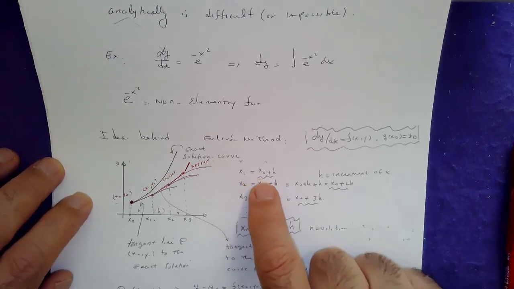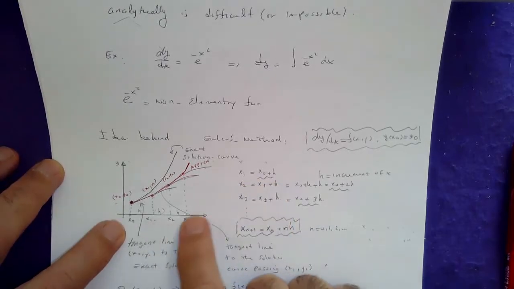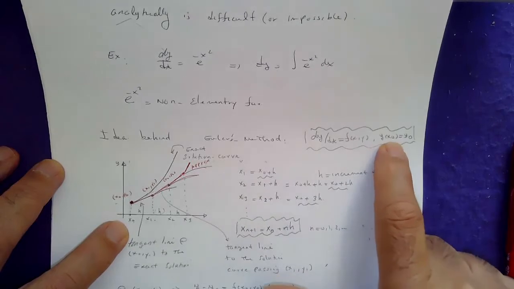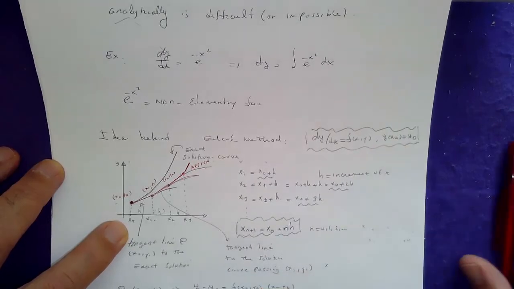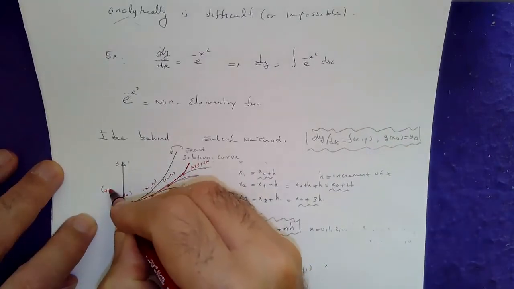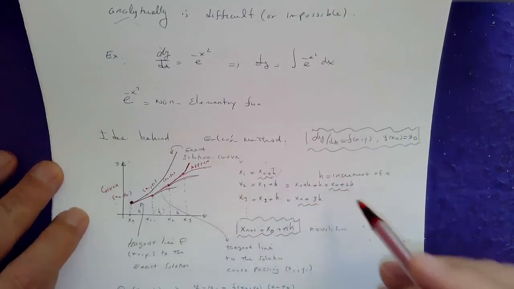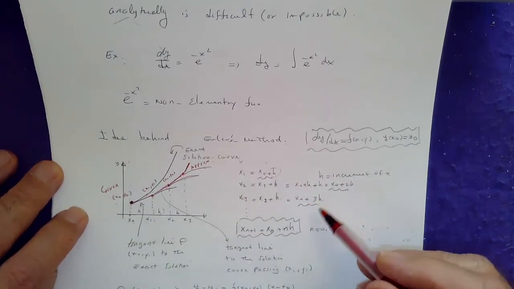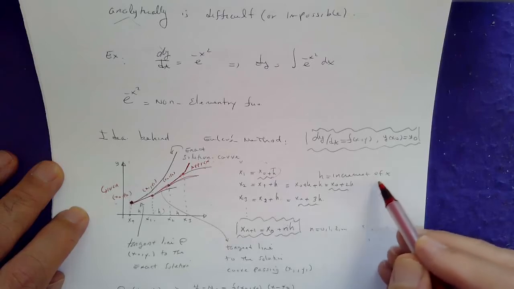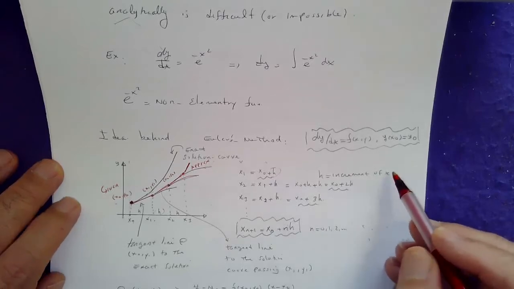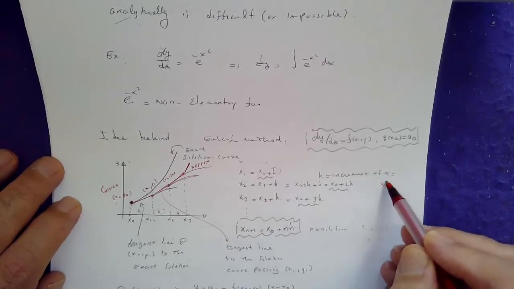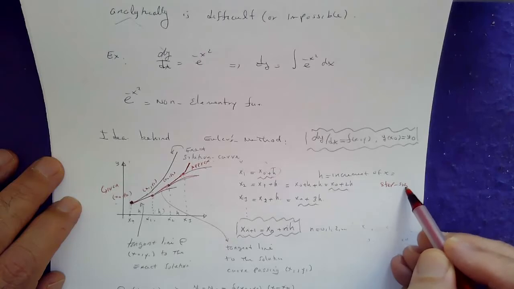Anyways, here's what we do. Let x1 be x0 plus h, so you increment the very first value of x, which is given, by the amount h, and they will tell you what h is. h is called the increment of x, sometimes called the step size.